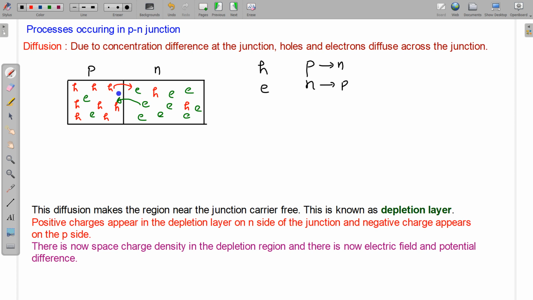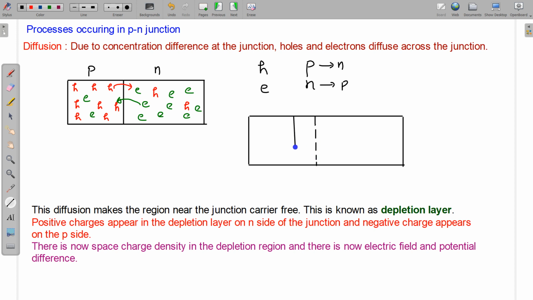What happens due to this kind of diffusion? Suppose this is our junction initially, the p-n junction, and we have this kind of region in between.